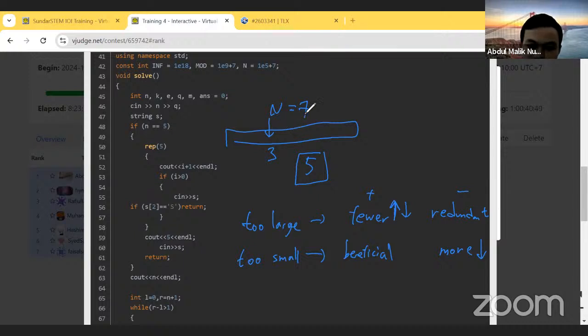Okay. And then finally we get the constant 0.382. So we should set the middle value like this, or we can use a formula like this.